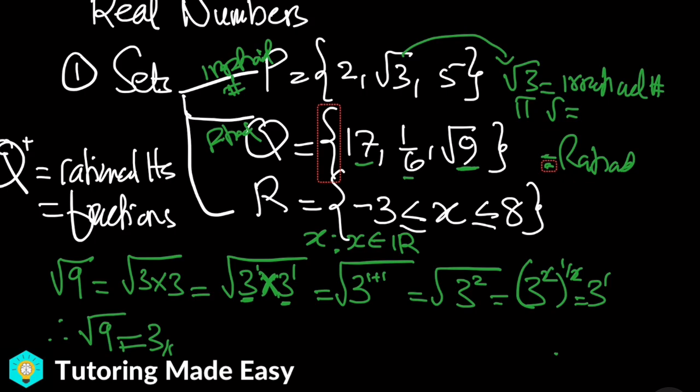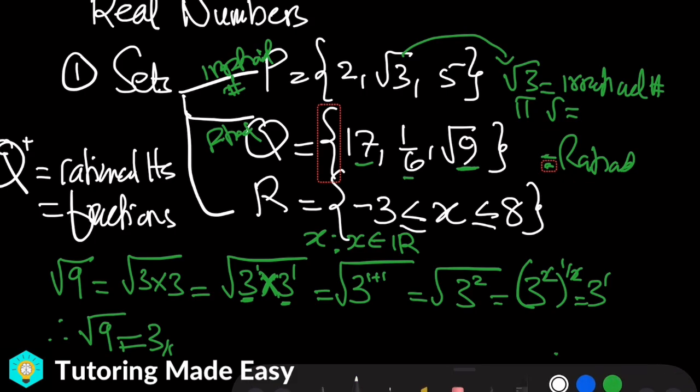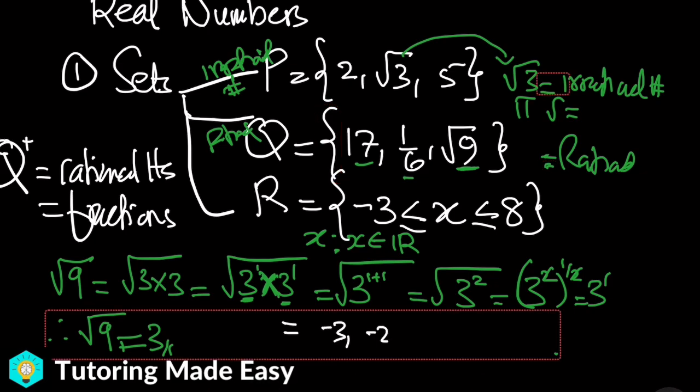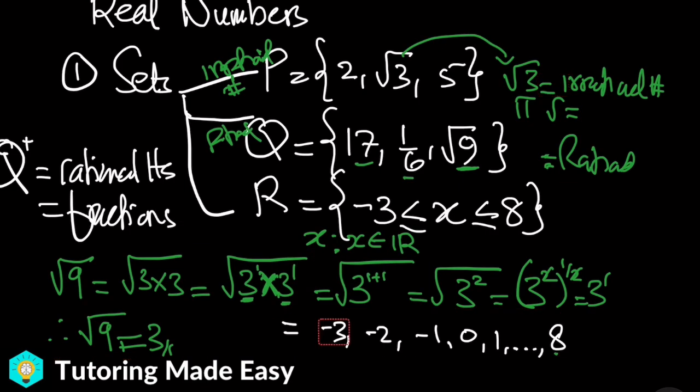So instead of the simple solution being -3, -2, -1, 0, 1 all the way to 8, we are saying that it can contain fractions. It can be -2 or 1 over 3, in that order. It can contain fractions. So it can be anything.